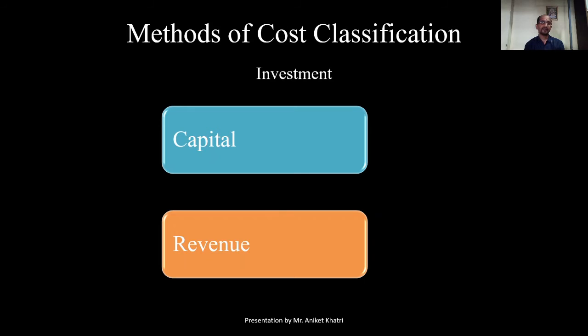If the benefit lasts long, more than one accounting period, then this cost will be known as capital cost. Whereas revenue cost is when you get the benefit for the current period. That will be your revenue cost.